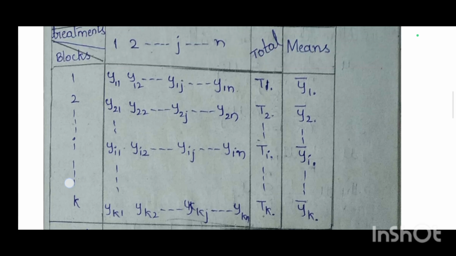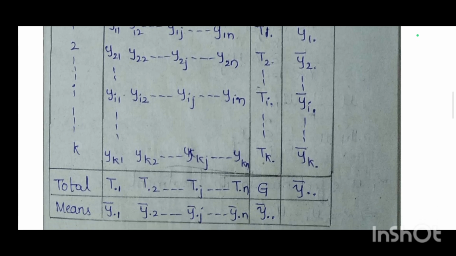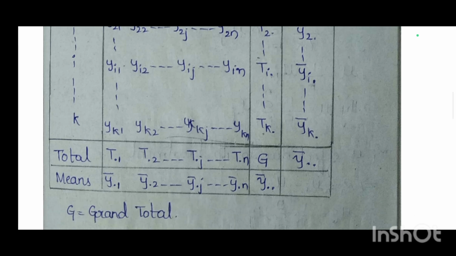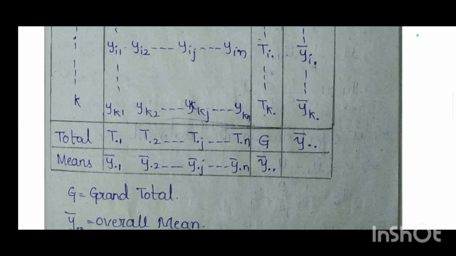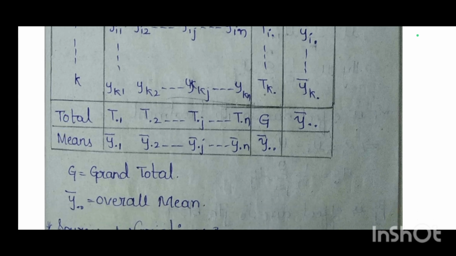Coming to the column-wise, that is block-wise, totals are t dot 1 and means y bar of dot 1. The total of totals is the grand total, and the overall mean is y bar of dot dot.